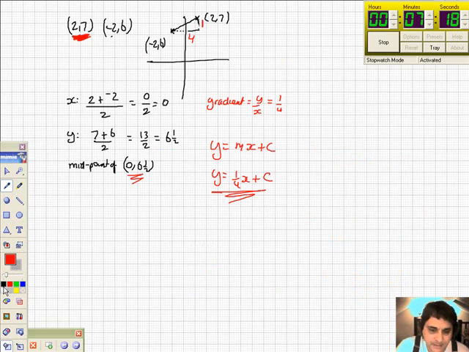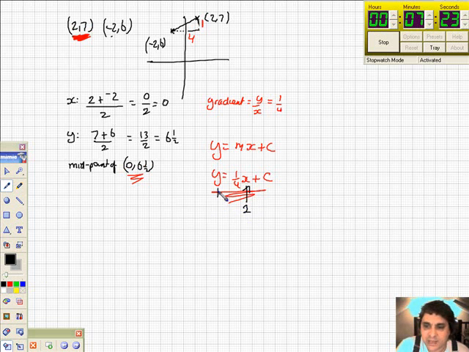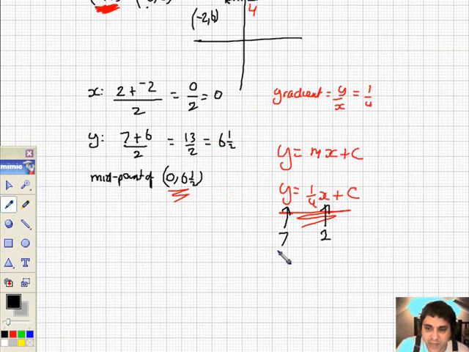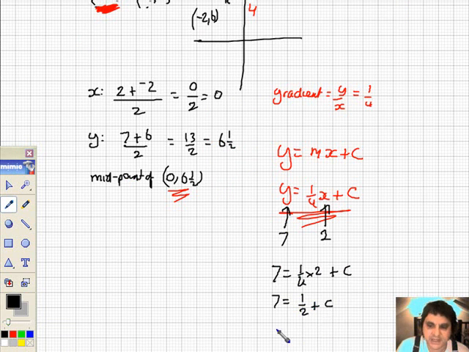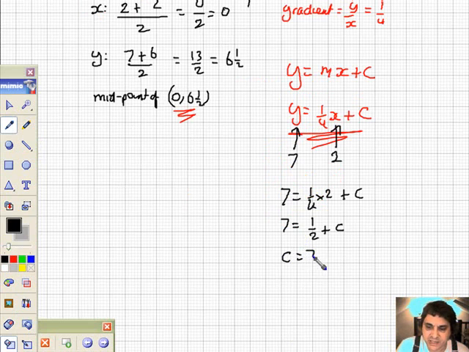I want to substitute my 2 into here because that's my x value, and I want to substitute my 7 into there because it's my y value. So what have I got? I've got 7 equals a quarter times 2 plus c. So 7 equals, well, a quarter times 2 is a half plus c. Therefore my intercept c is going to be 7, take this over, take away the half. Answer, c equals 6.5.